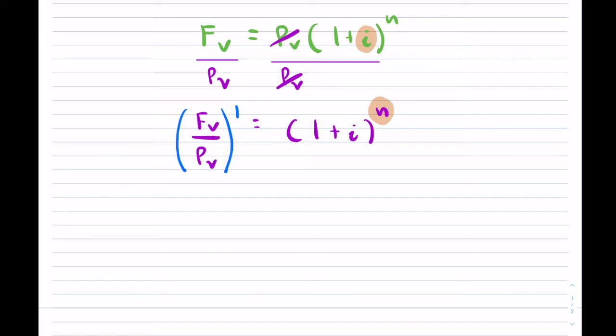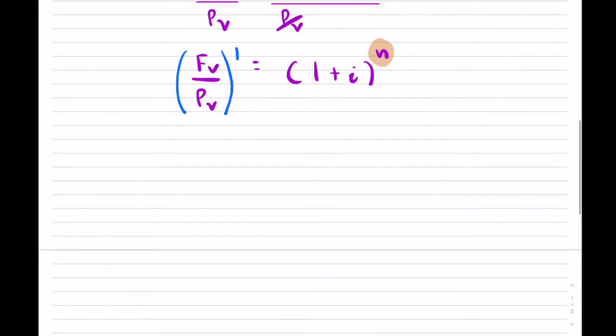Now, if I ever asked you, how do I get rid of n? This is the little trick, because I don't want to have n in that exponent. What we can do is work with the exponent and say, let me divide the exponent by n.